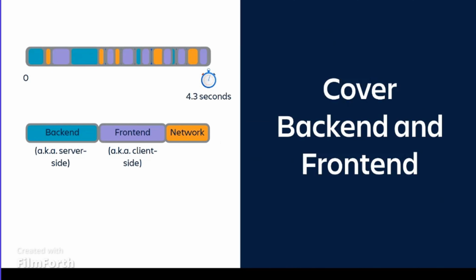Another requirement for such a regression suite is to also include front-end code. Like I've put here, this user journey that I showed before. It's a mix of stuff that is going on on the server and on the client.